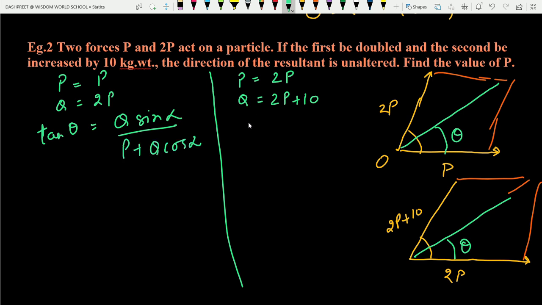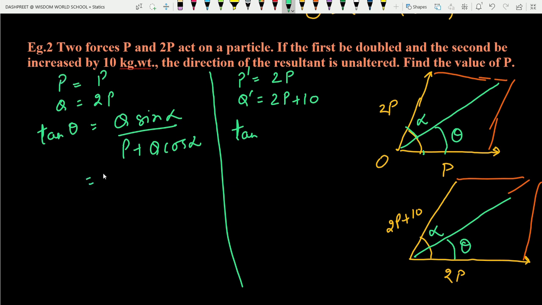Since nothing has been said about the angle of inclination of the two forces, you can assume both as alpha. Here also for tangent theta we will have the same formula, but the forces will be different in both the cases. This is P dash, right?